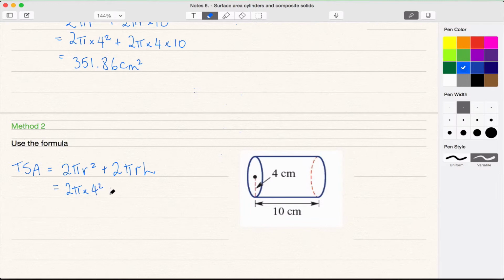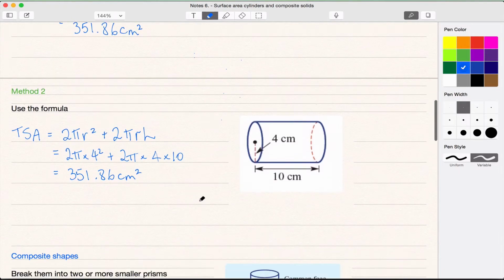Substitute the values in. 2 pi times 4 squared plus 2 pi times 4 times 10. And you'll end up with 351.86. This is in centimetres, and it's area we're working out, so it's squared units.